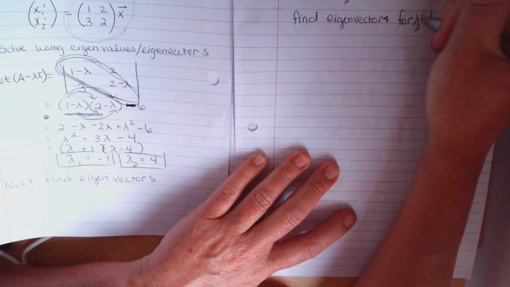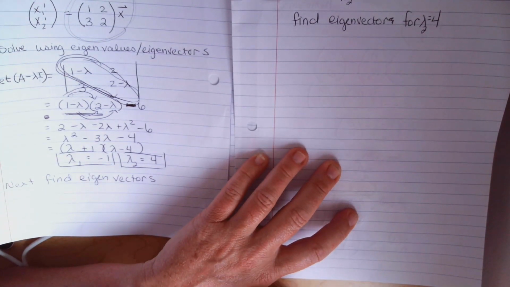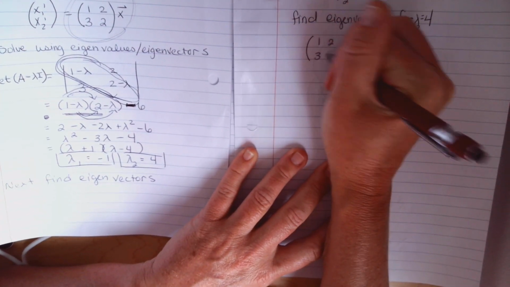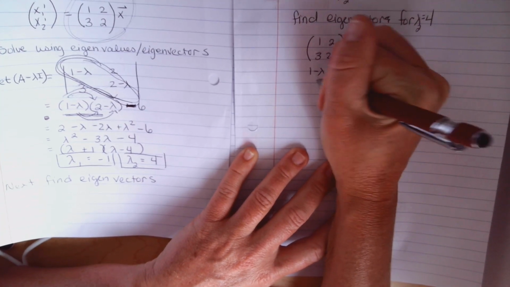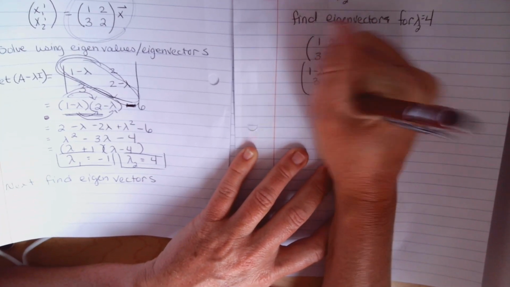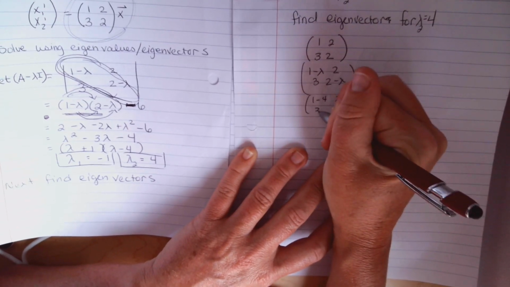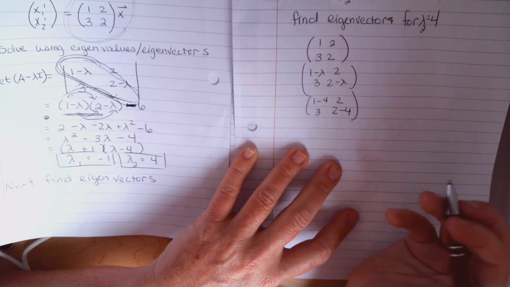Lambda 2 equals 4. Okay, and so what am I doing here? Let's go ahead and go back to our original matrix. And now I'm going to subtract lambda along the diagonal. And so this becomes 1 minus 4, 2, 3, 2 minus 4.